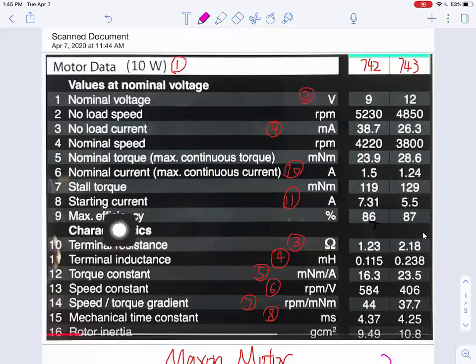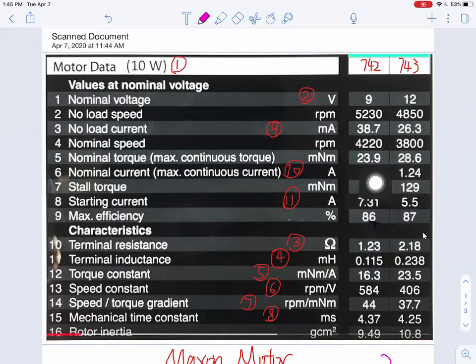So in order to run these two motors, you need about 1.5 amp. And here you will see another current called starting current, number 11. It's around 7.31 amps for this 9 volt DC motor, and around 5.5 amps for this 12 volt motor. If you compare this starting current with the nominal current, it's almost 5 times higher.